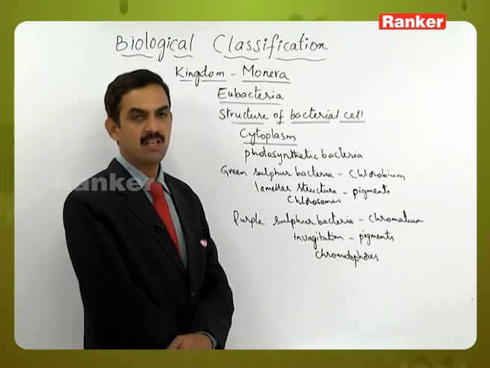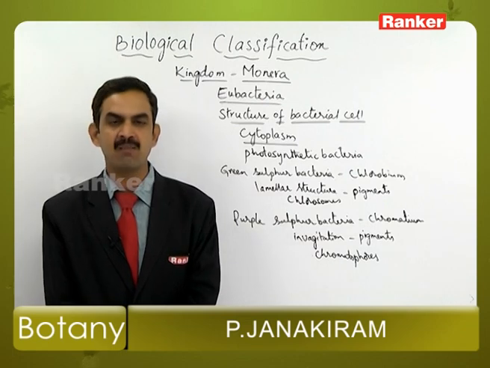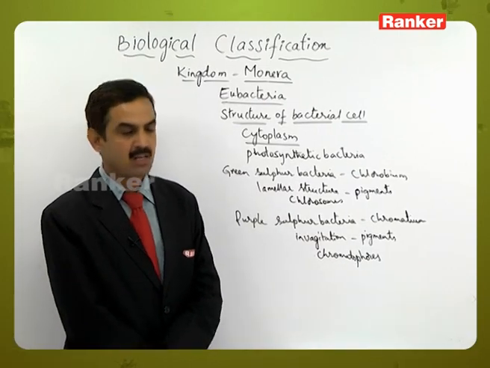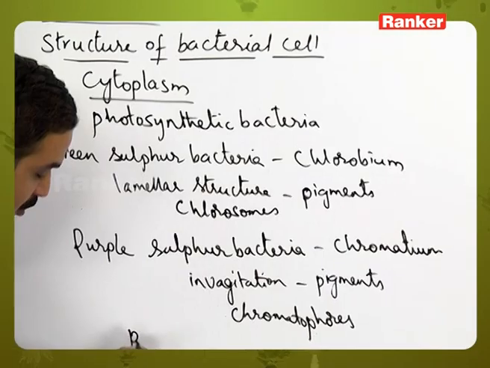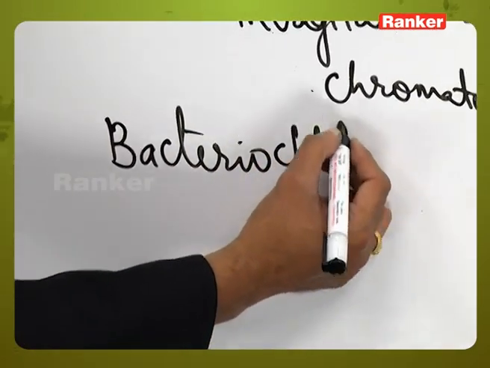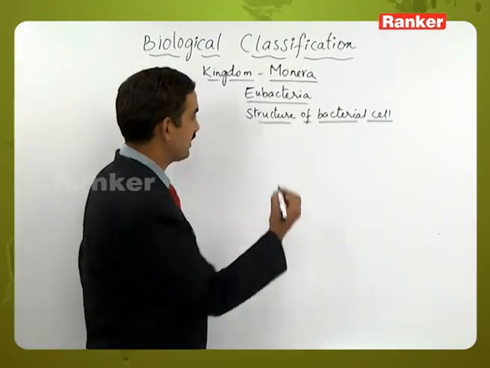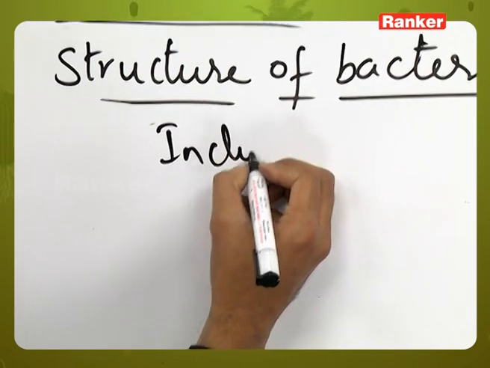That's the variation that can be seen, but both of them help in the photosynthetic process with the help of the pigments. The pigments present in these bacteria are not chlorophyll A and chlorophyll B like those of normal plants, but they have special pigments called bacteriochlorophylls. Some bacteria have some inclusion bodies in them.